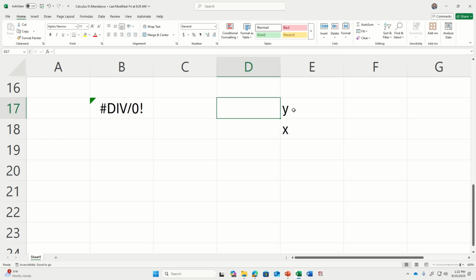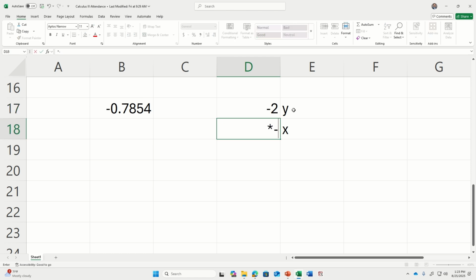Let's say that I'm in quadrant 1, so I need 2 positive numbers. Here is an angle in radians in quadrant 1. What if I'm in quadrant 3? So I've got a negative number and a negative number. I still end up with an angle that's in quadrant 1, okay?